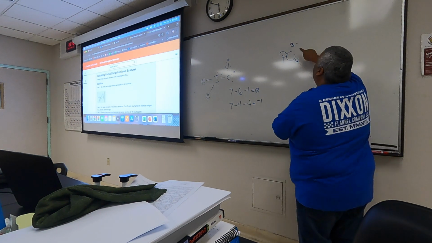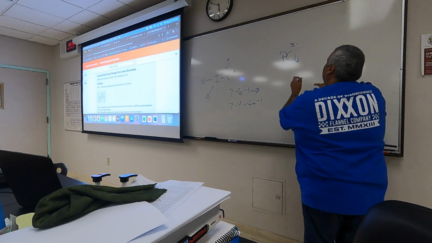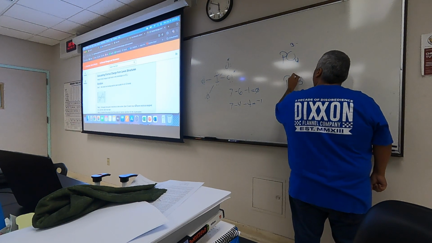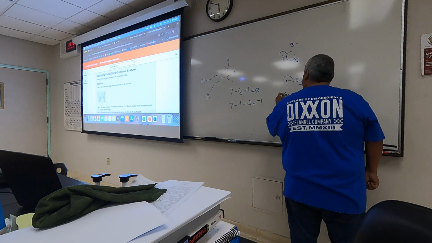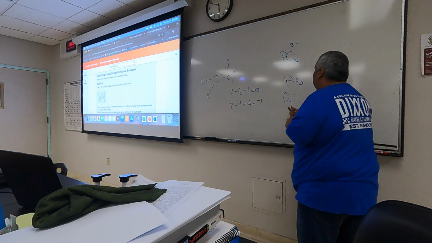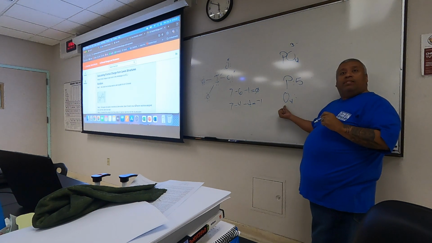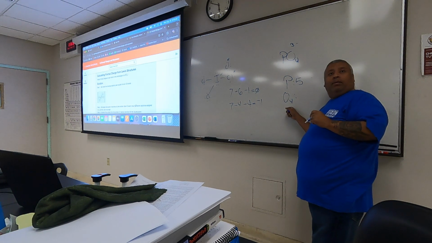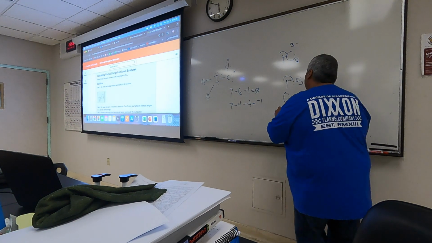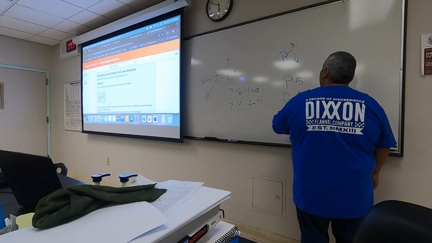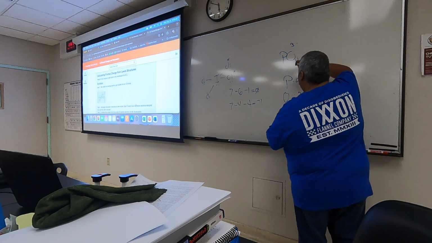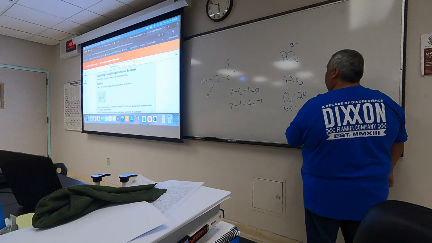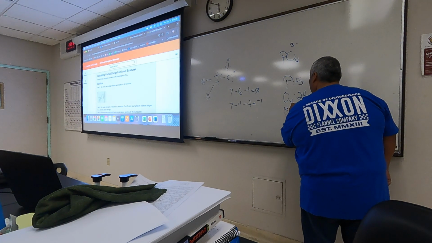So why is it -3? Let's take a look. Phosphorus is in group 5, so 5 valence electrons. Oxygen is in group 6, 6 valence electrons, but there are 4 of them. So how many valence electrons do we have? 24. There's a 3- charge here, so I have to add how many additional electrons? 3.